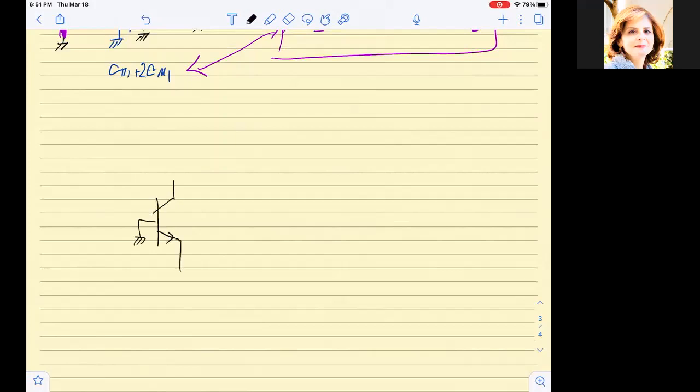This is grounded. This is also connected here to this resistance, and this one.